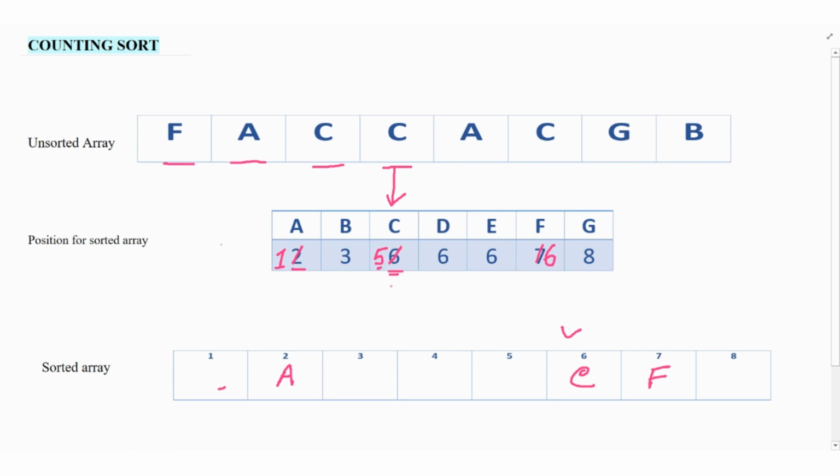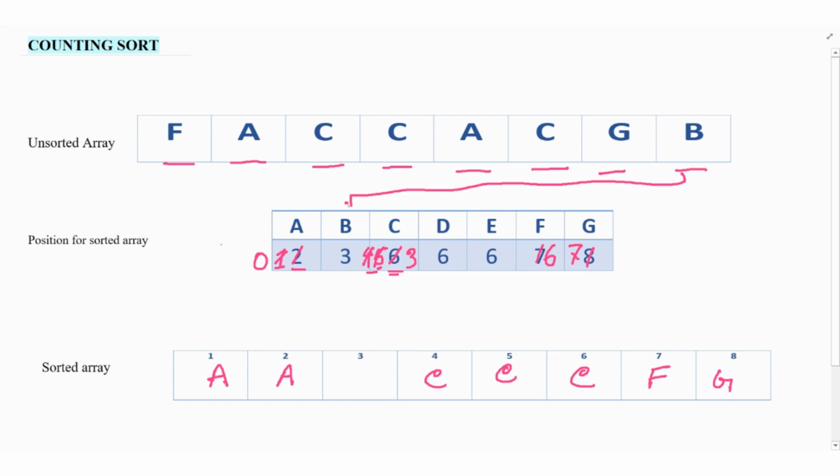So we place a C at position 5 and decrease the position and place 4 here for the next C. Our last element is B. We look for the index of B, and B will be placed at position 3 in the sorted array. So we place B at position 3 and decrease the index to 2. And this is the sorted array.